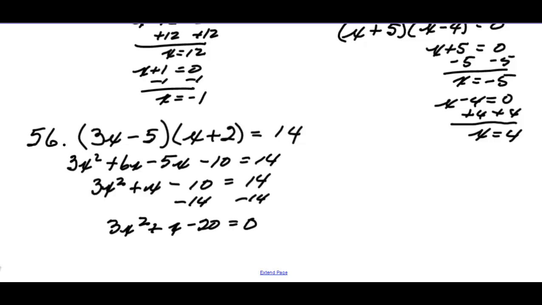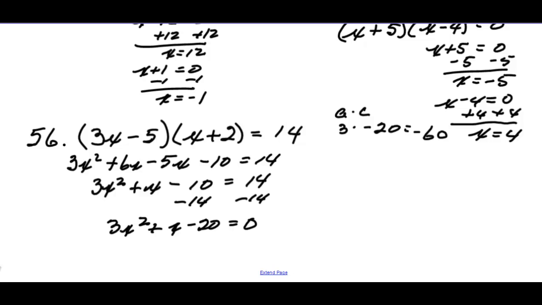Now, because we have a term in front of the x squared, we'll have to use the AC method. And our first is a 3 times minus 20. That will give us a minus 60. All right, what two numbers, when multiplied together, give us minus 60, and the difference of which is only 1?